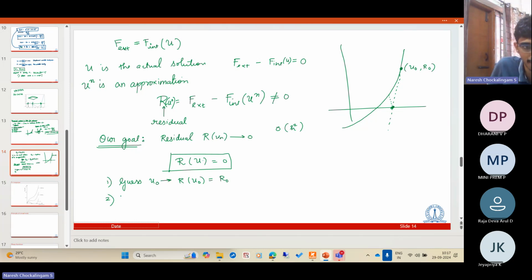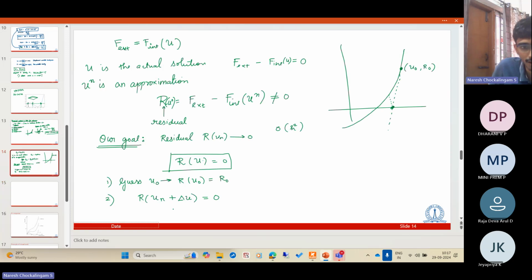So the second step is either u0 plus some value or u0 minus some value, and find out whether r0 is tending towards a lesser value, then we can go that way. So this plus some value or minus some value, you can in general write as r of un, I'll make it n now because this is the general scheme, plus some delta u. You force it to 0. This is the idea.